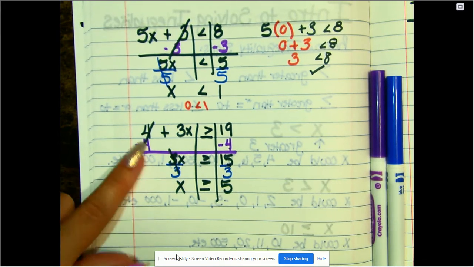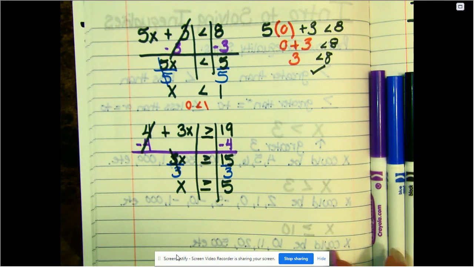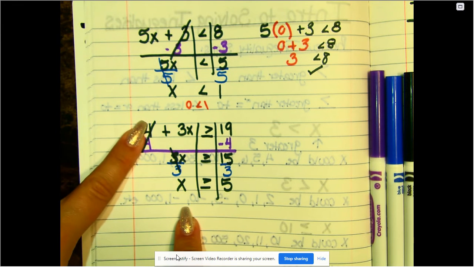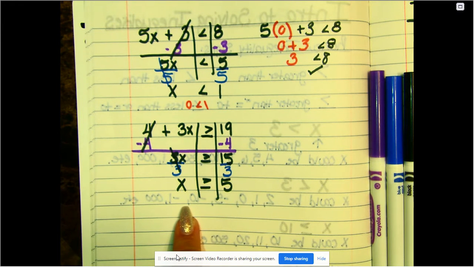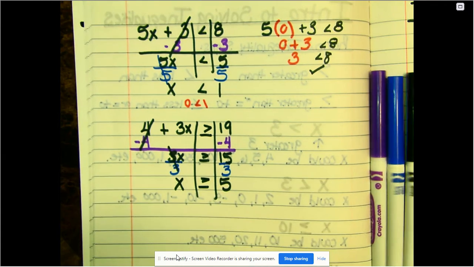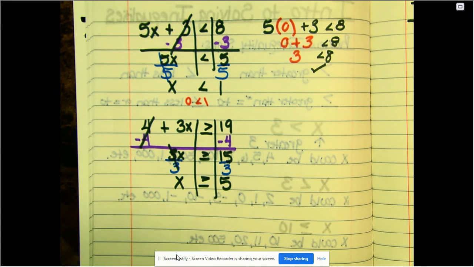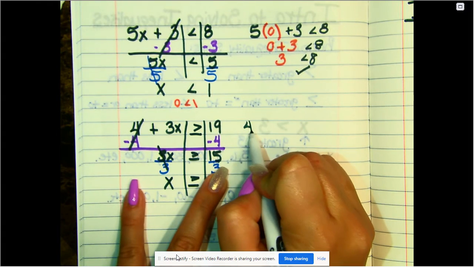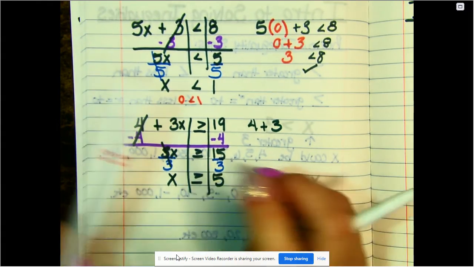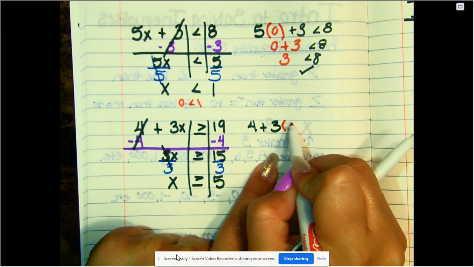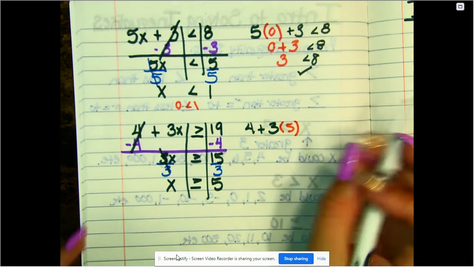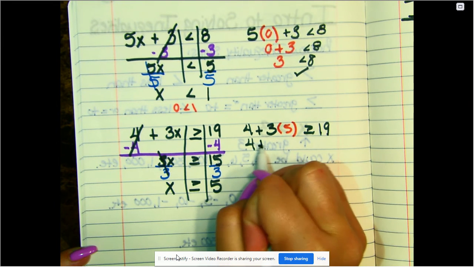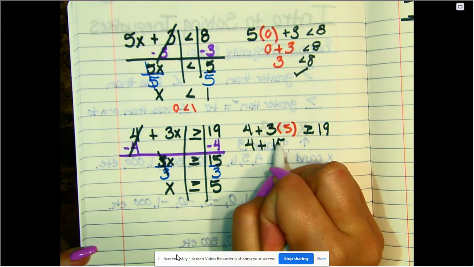That means whenever I put solutions into my inequality, I can use the number 5 because it says or equal to, but I could also use a different number. Let's test this out. 4 plus 3 times 5 is greater than or equal to 19. 4 plus 3 times 5 is 19.